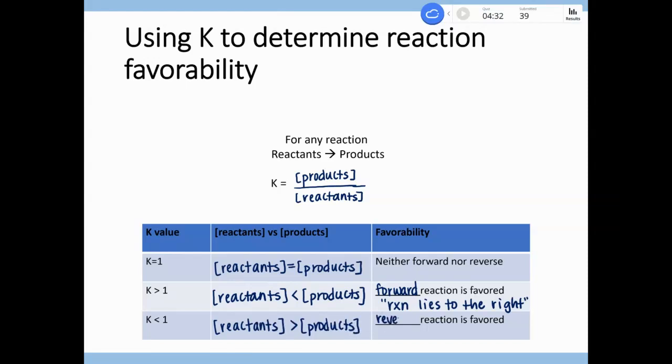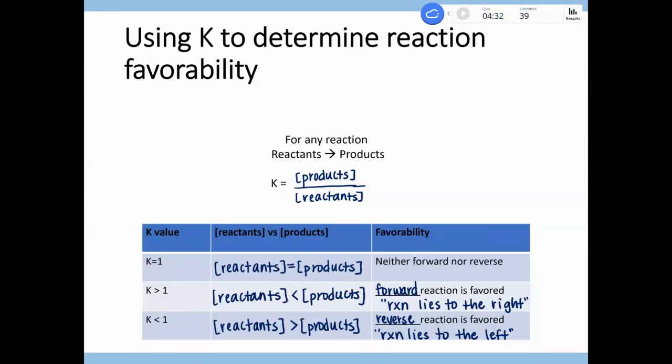That means the reverse reaction is favored and the reaction lies to the left. So we've got three possible conditions at equilibrium.